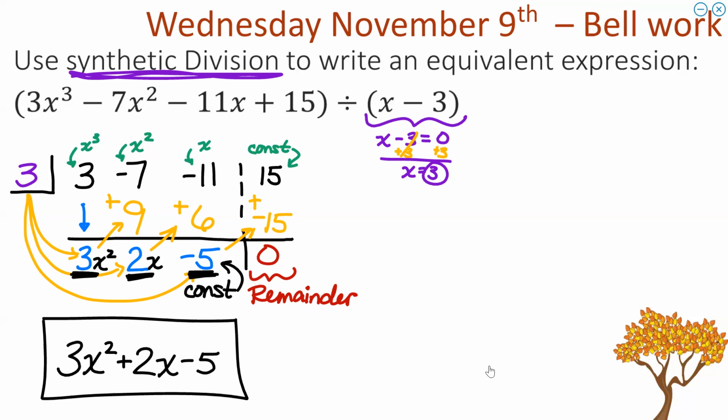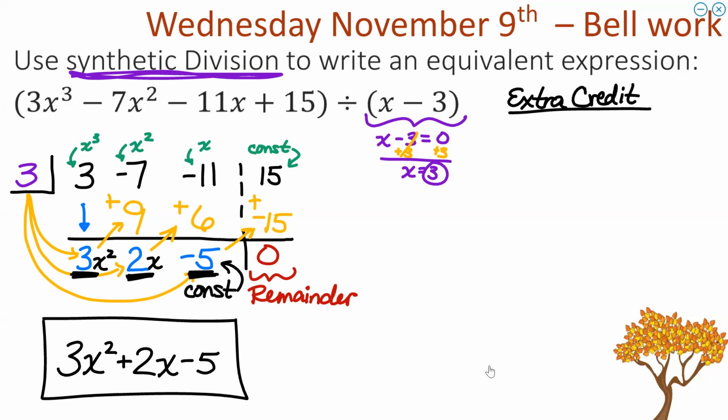Now, on the test, you can potentially earn extra credit. If you take that answer right there, only when we have a remainder of 0, and you factor this to find the other roots, you can earn extra credit there. So again, if you stop right there with that black box, that's fine.